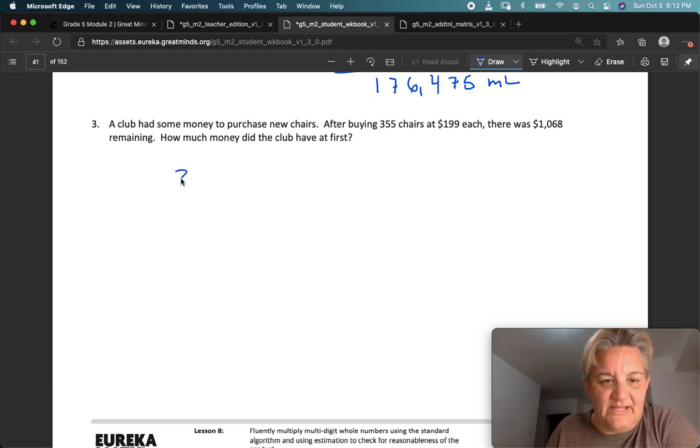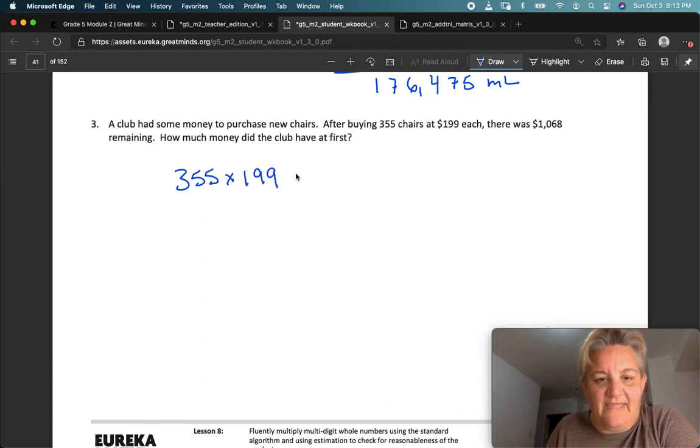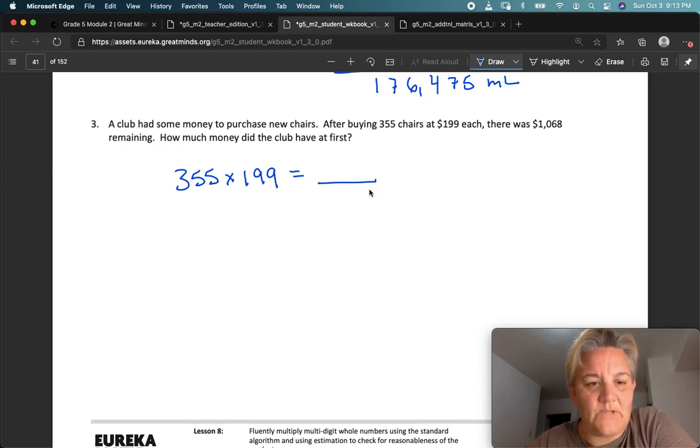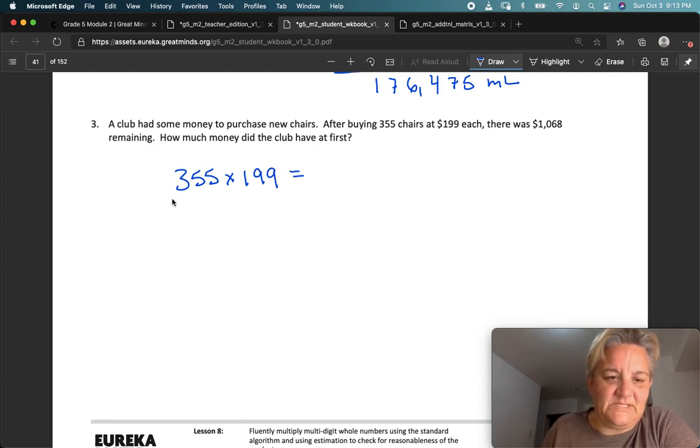So they multiplied 355 times 199, and they came up with a number that we don't know, right? Well, we will know it soon. So let's find that first, okay? So first of all, how much did they spend? Right, so we're going to multiply this. So I'm going to stack those underneath it like that.